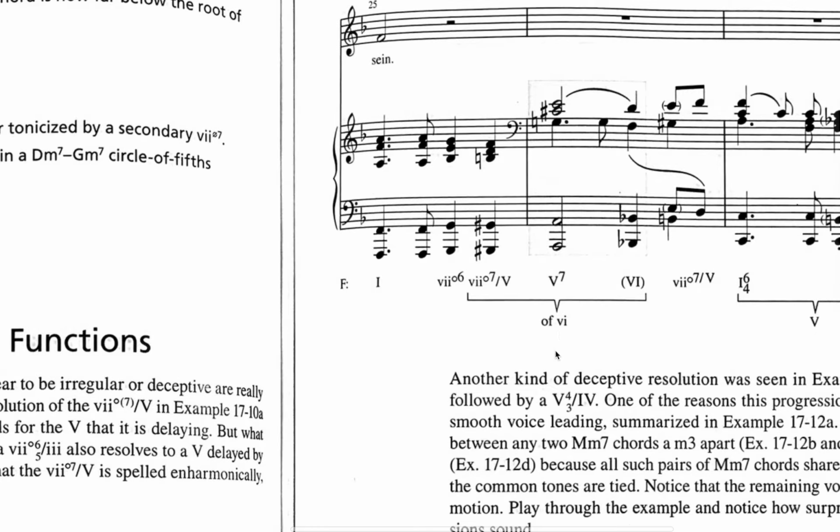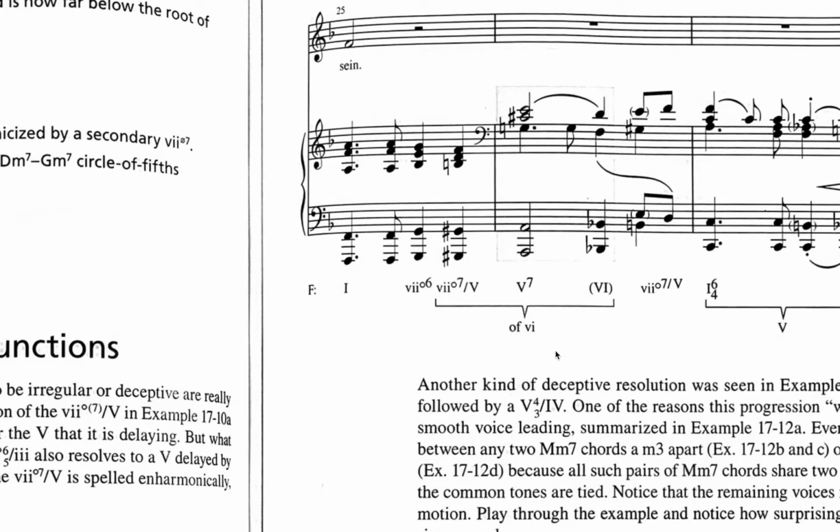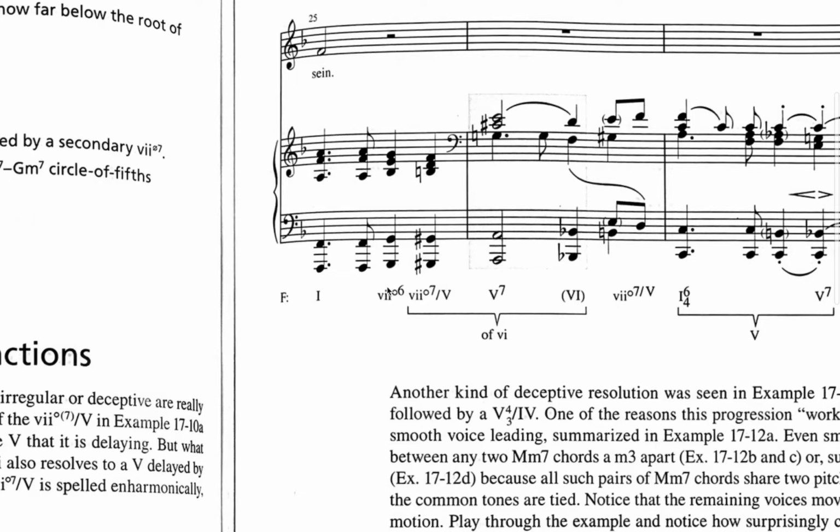Okay, so voice leading plays a big role because this is a deceptive resolution of the 7th scale degree here, of the 7th chord. Instead of going to 1, it goes to another 7th chord, and that's only possible because of the very clean and smooth voice leading. There are no jumps. Everybody's getting there the closest way possible.